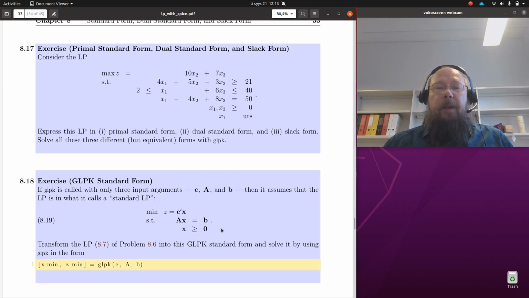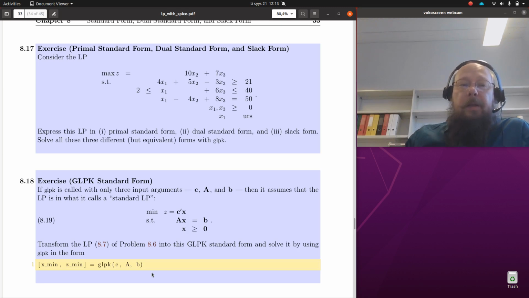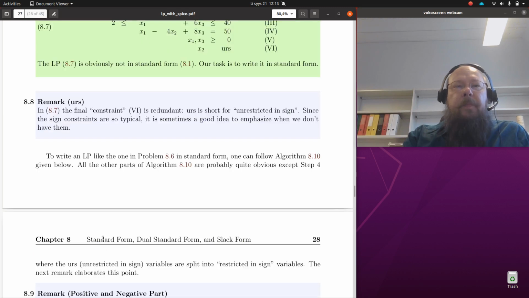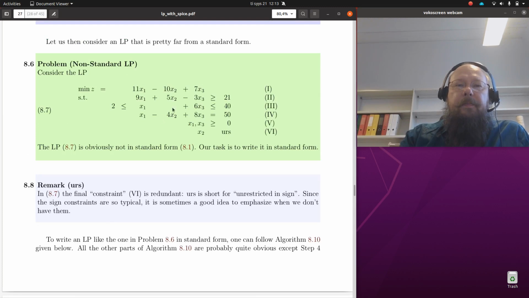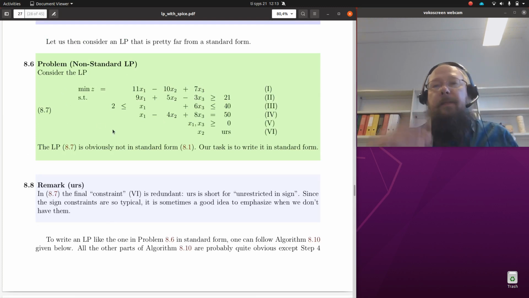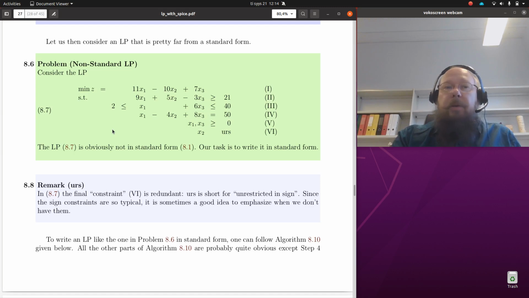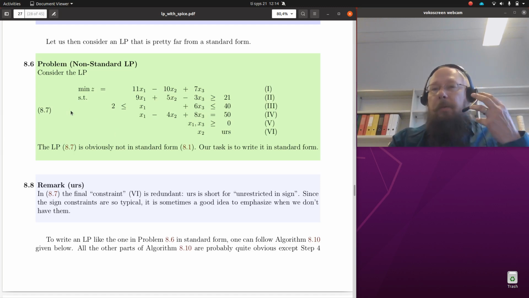And then you may think that maybe it's convenient to use GLPK so that you transform everything first into this kind of form, and then you don't have to give anything else to GLPK. And this is indeed the point of this exercise. So you take the LP 8.7 from problem 8.6. Let's look at what it is. It's this. So it was given in a very non-standard form, and this is what we showed, how to put this in the standard form, or the primal standard form, or the standard form of these notes.